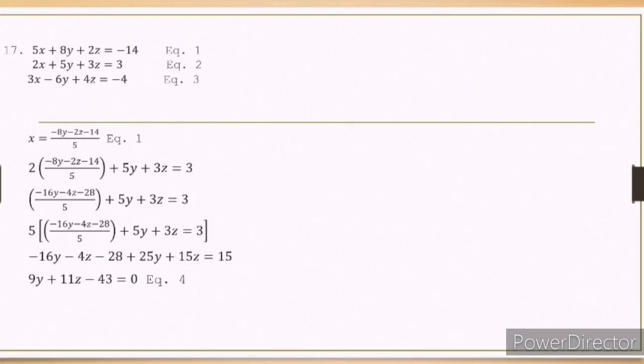Number 17. The equation 1 is 5x plus 8y plus 2z is equal to negative 14. Then the equation 2 is 2x plus 5y plus 3z is equal to 3. Equation 3 is 3x minus 6y plus 4z is equal to negative 4.